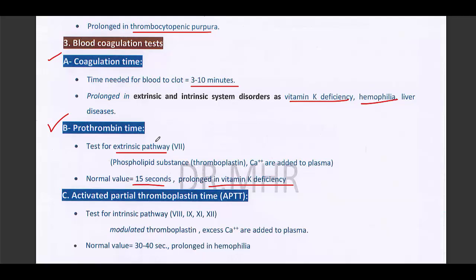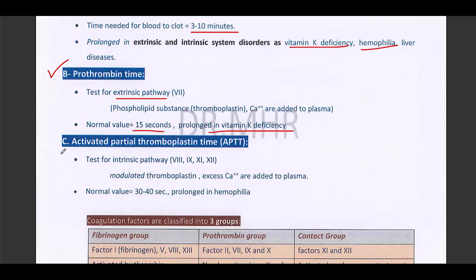If we think this patient has a vitamin K deficiency, we do prothrombin time. If it takes longer than 15 seconds, that means there is an abnormality in the extrinsic pathway, which surely means vitamin K deficiency.